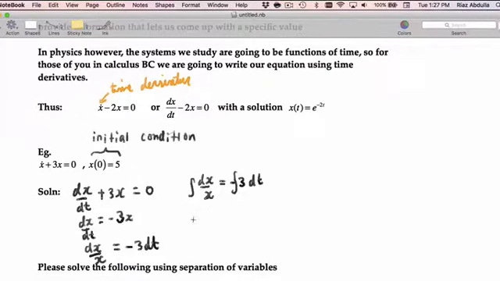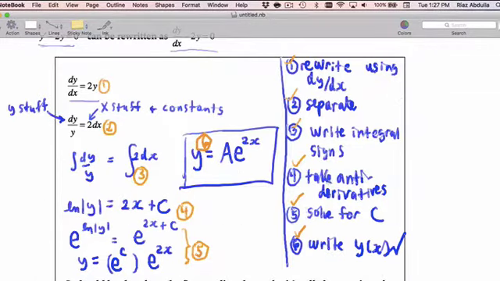So we're going to say the natural log of x equals negative 3 times t plus c. And now we are ready for the next step, which is solve for c, and I'm going to add a little thing here, which is using the initial conditions.